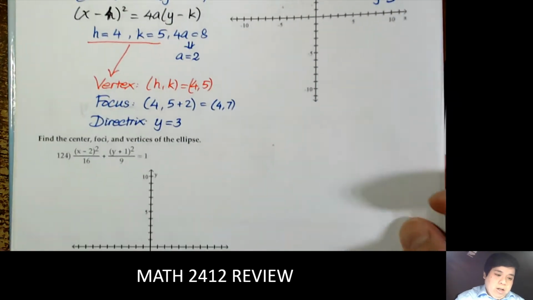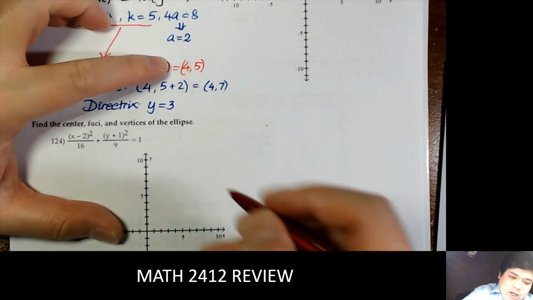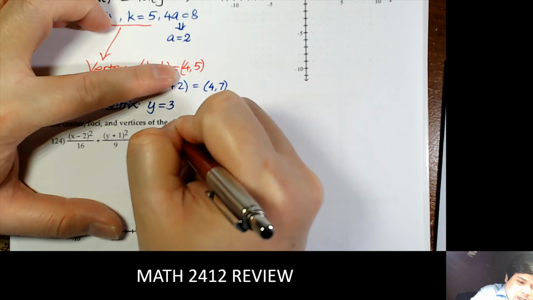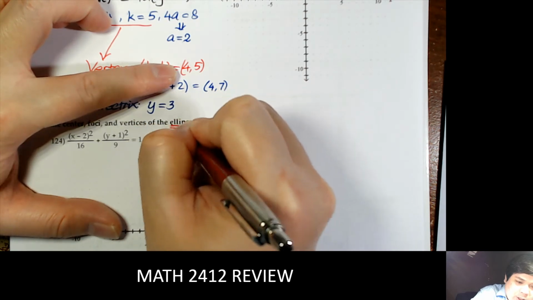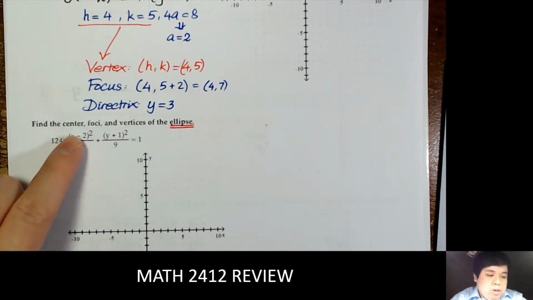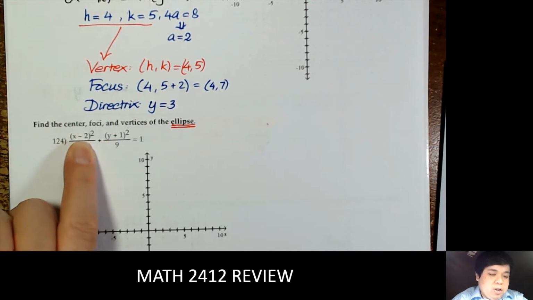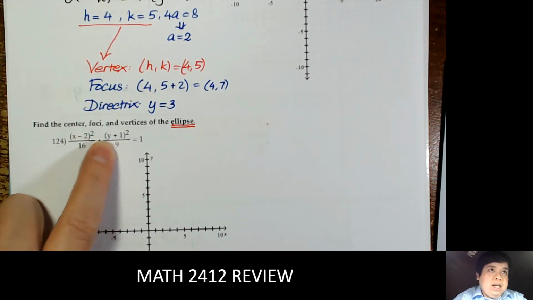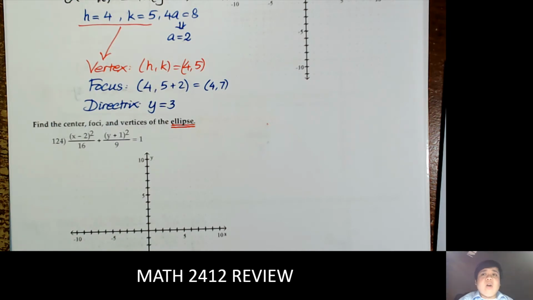Next we'll go to the ellipse. Now the ellipse is different than the parabola. For the ellipse we have the center in the middle. For the parabola we have the vertex in the middle. Which means from here we will find h and k in this equation. That's not going to be a vertex, it's going to be a center.